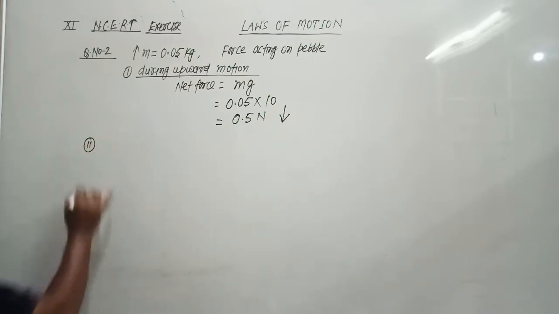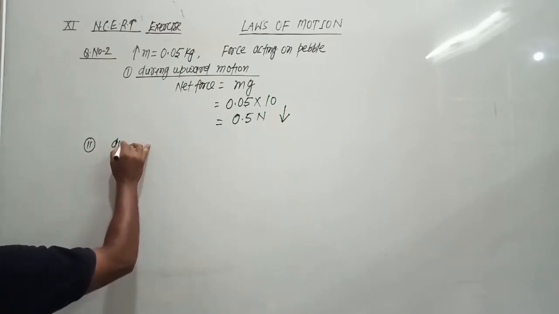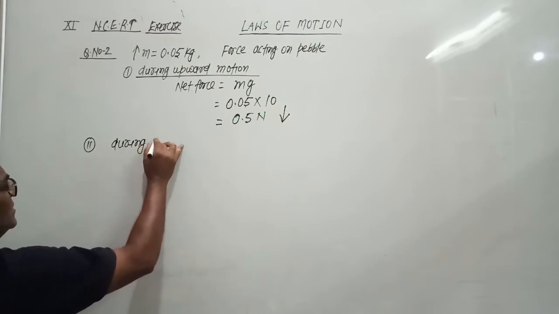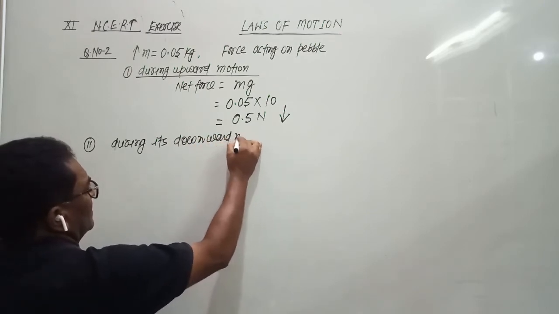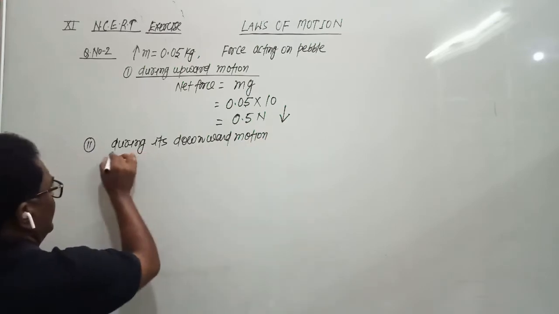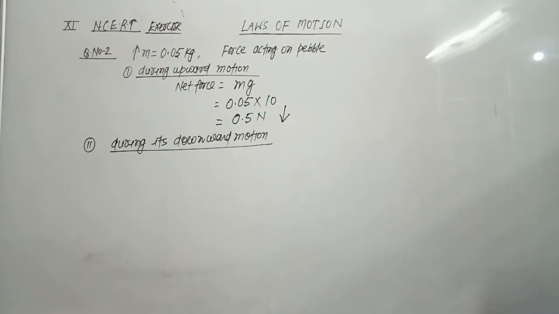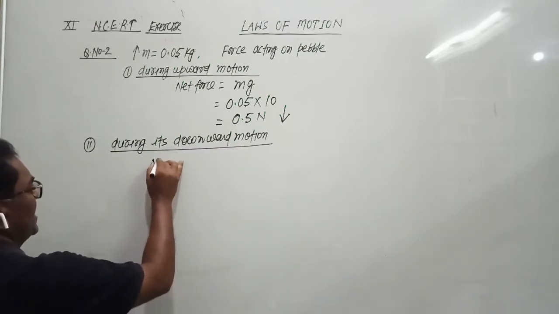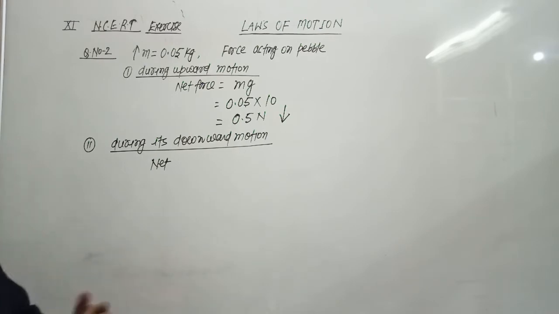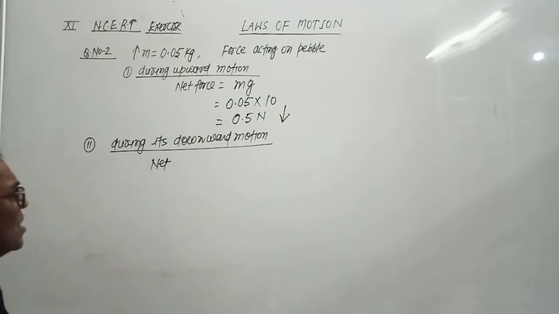Now the second part of the question. During its downward motion, when the pebble moves in downward direction, the net force, or weight, is always acting vertically downward, no matter whether the body is moving in upward or downward direction.